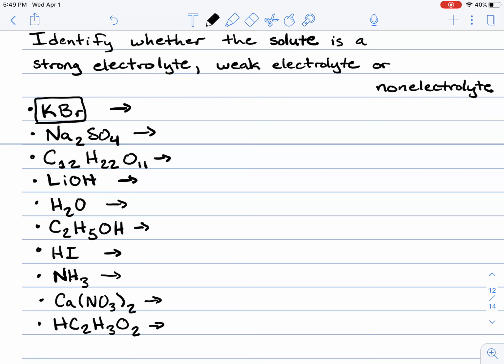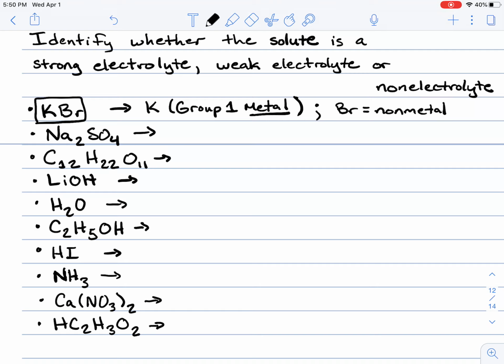Notice that potassium is a group 1A element, so it's a group 1A metal. And bromine is a nonmetal, so it's found to the right of the staircase.